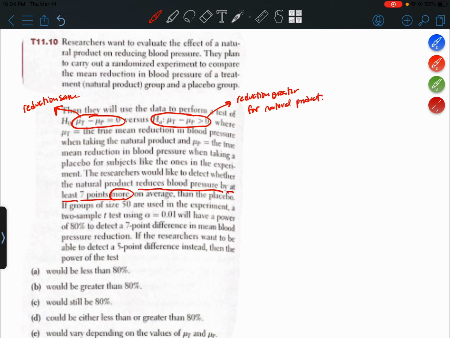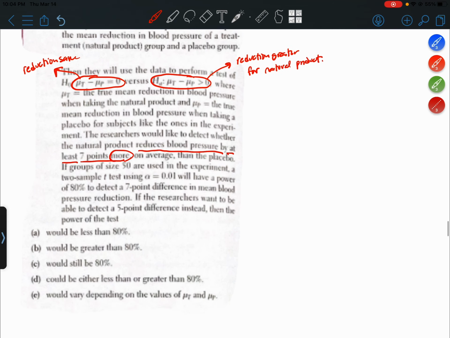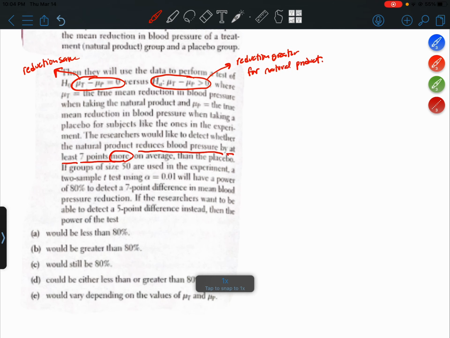It's like it's easier to detect when someone's telling a big lie than a small lie. So that's the reasoning I'm using here. A 7-point difference should be easier to detect than a 5-point difference, so the power of the test would be smaller for 5 points. So I would assume the answer is A.